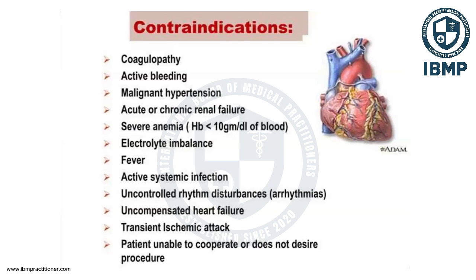Otherwise, you have to use the contrast very carefully. Also severe anemia, electrolyte imbalance, fever, active systemic infection, uncontrolled rhythm disturbances, arrhythmias, uncompensated heart failure, and TIA, where you have to wait at least up to 1 week. Also when the patient is unable to cooperate or does not desire the procedure. These are the contraindications.